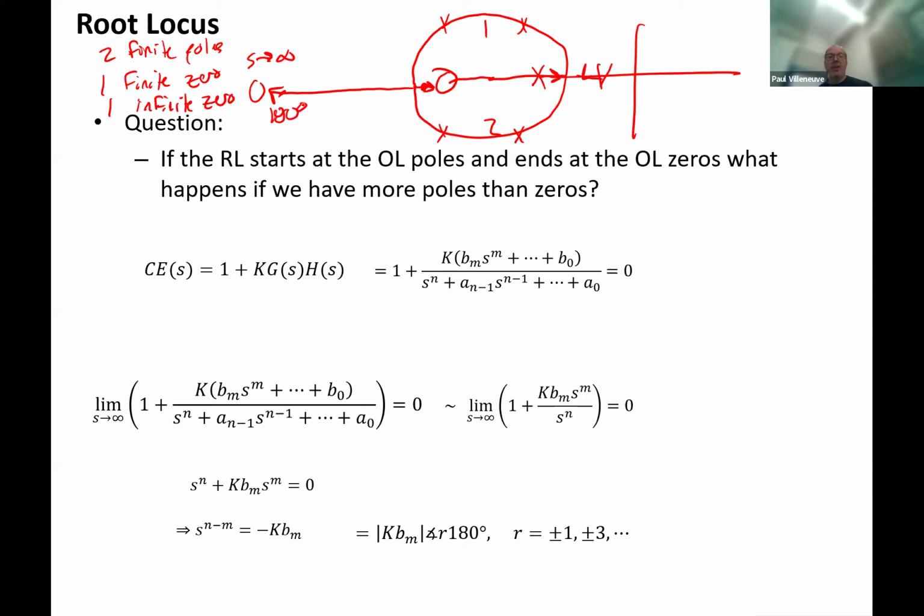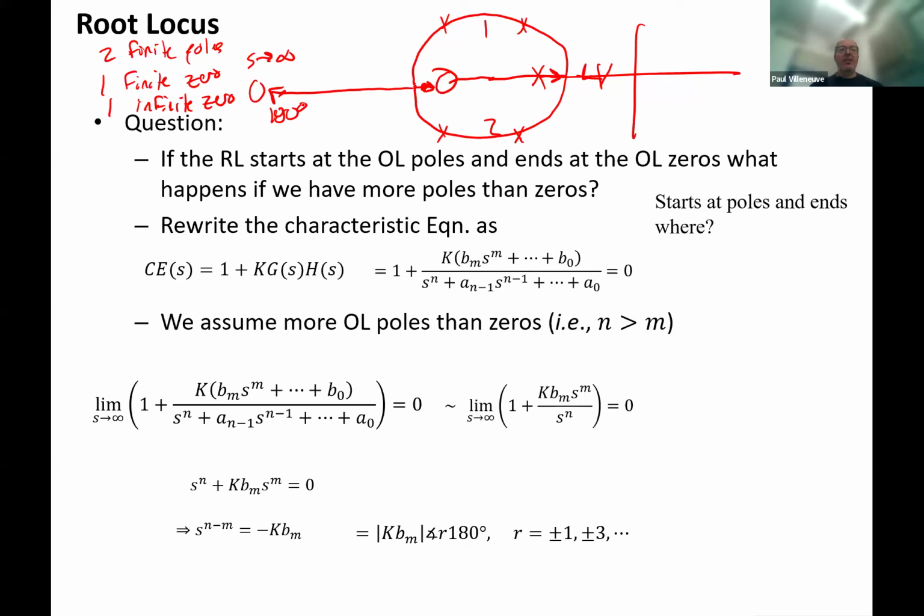And so what we have to do is calculate what are called the angles of the asymptotes. Because if you remember from math, an asymptote is what you get if you allow a number to get really large, like as K approaches infinity. That's eventually what the root will get to. So here's our characteristic equation. We have more open loop poles than open loop zeros.